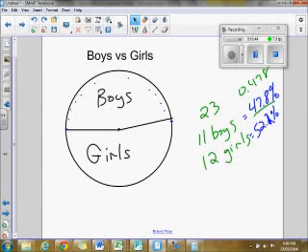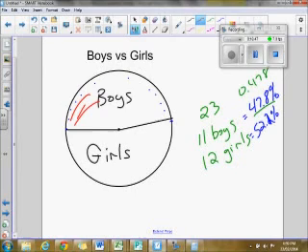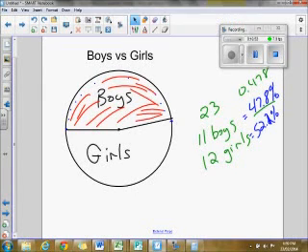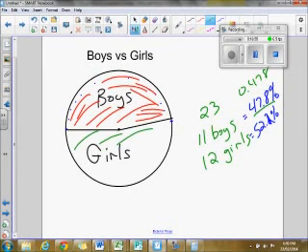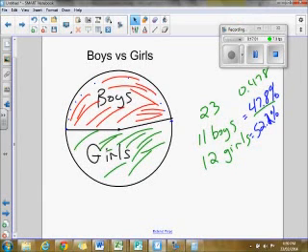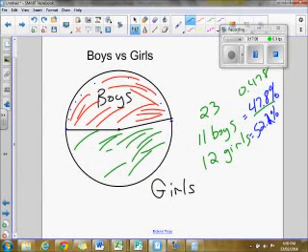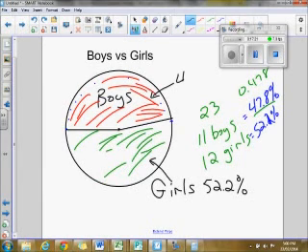This program doesn't allow me to color, but what I would typically do in a bar graph, I would color in these parts to help them show off a little bit differently or contrast. I also would write, take my girls for example, 52.2%, and maybe draw a line like so, a straight line, and we have 47.8%.